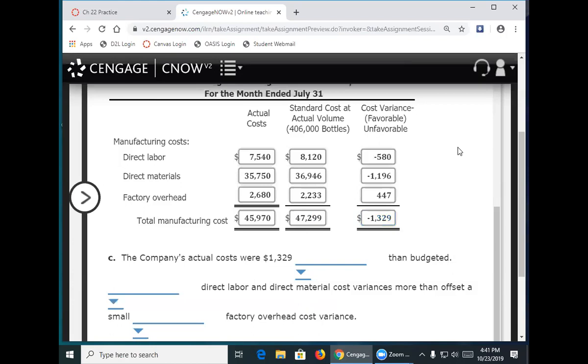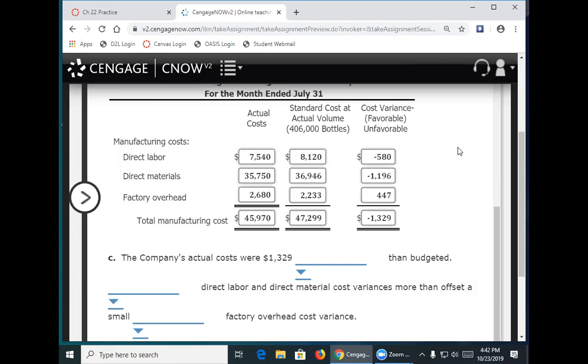So that's why it's important. That's why we learned how to do the flexible budget in chapter 21. Because if we compared to just the standard budget of 400,000, it wouldn't be accurate. So we flexed the standard to the 406 actual level. That way we can compare the actual cost to the standard cost. And then overall, we had positive or favorable material and labor. We came in under cost in labor and materials, but we were a little over in factory overhead.